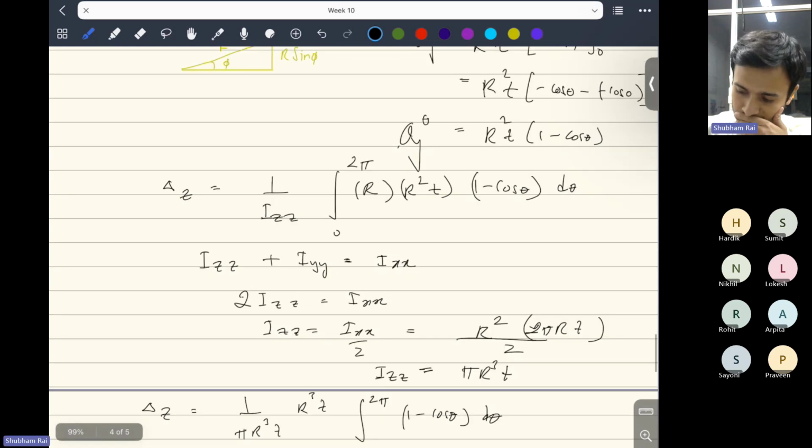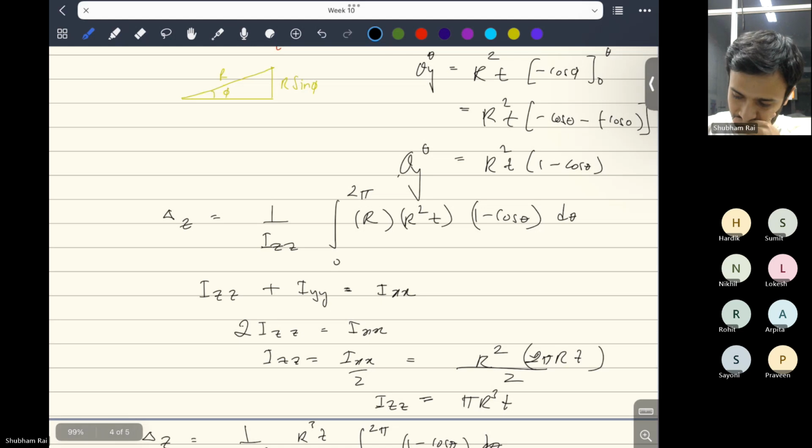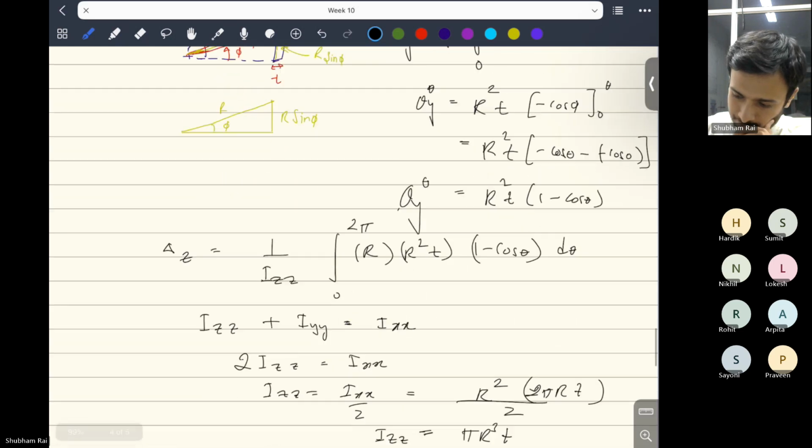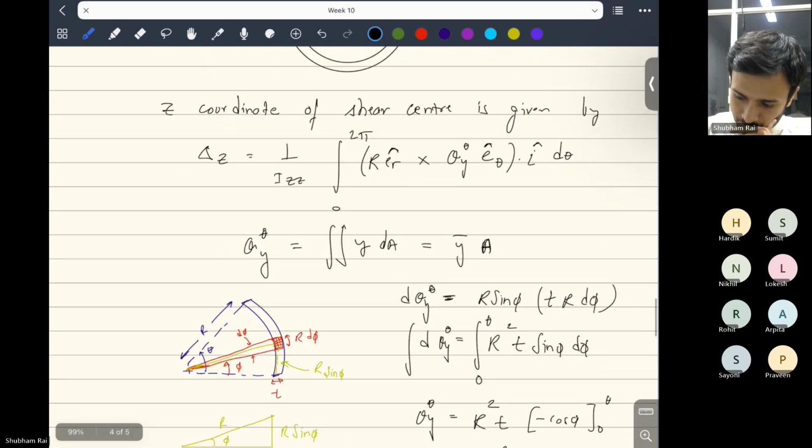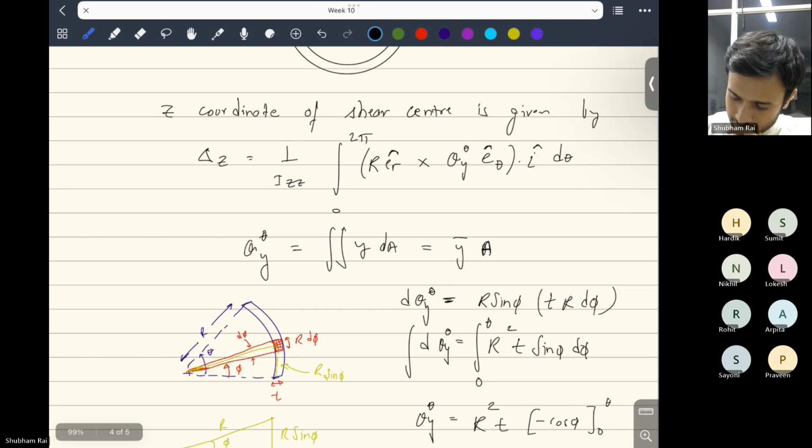There should be one more r. So one r is coming from r square from the y theta, and one r is already here.